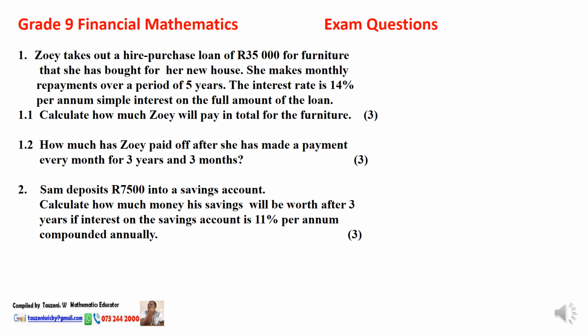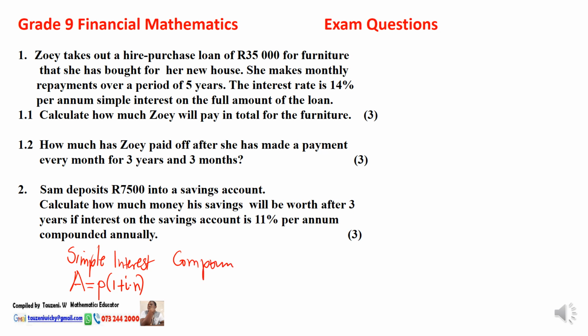Now, there are two types of interest that we are working with here. The first one is simple interest, and you need to know the simple interest formula in your mind. The formula is A = P(1 + i × n).